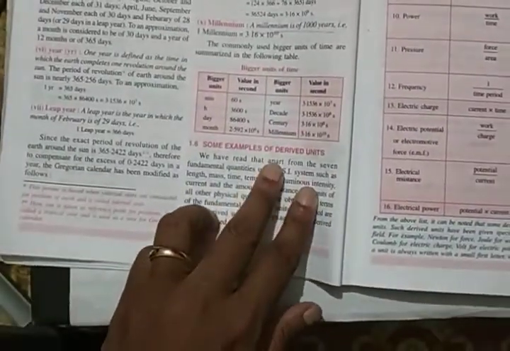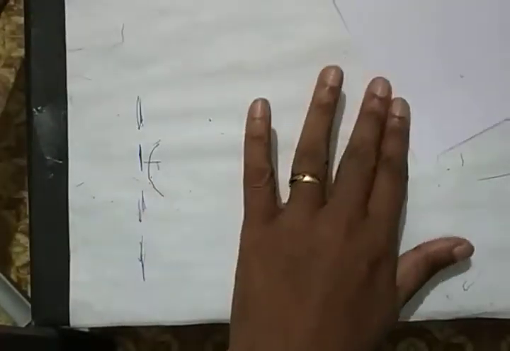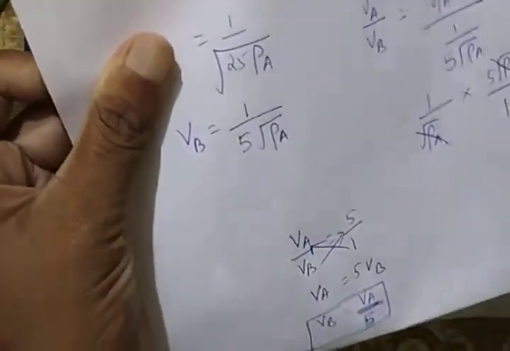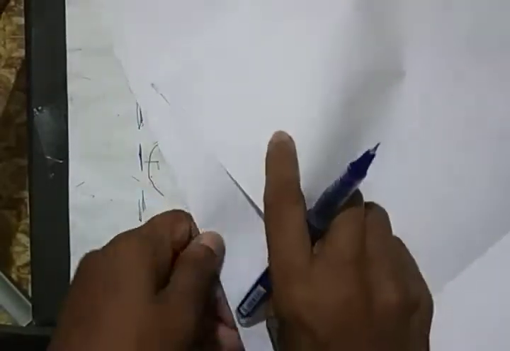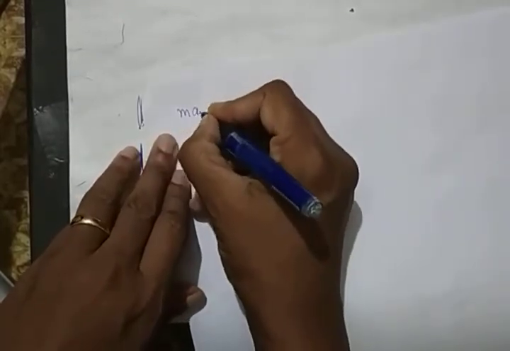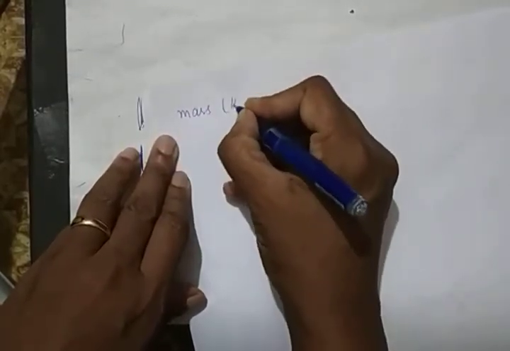Now there is one more thing called derived units. In the beginning itself I told you there are basically 2 types of units: fundamental units and derived units. Fundamental units means the units that are not derived from anything. In the sense, mass is a fundamental quantity and its unit is kg.